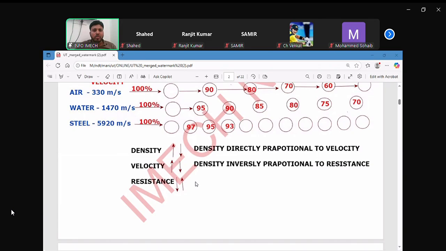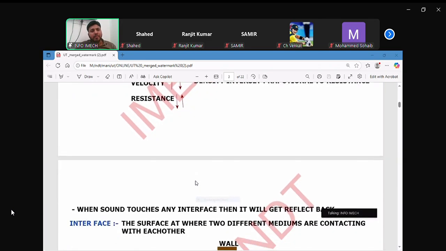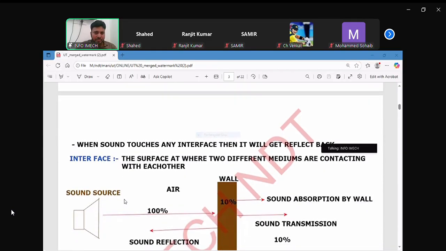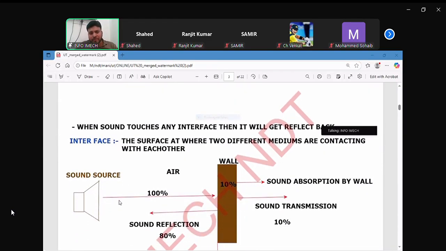Next, when sound touches any different medium, it will reflect back. What is a different medium, sir? Like an interface. What is an interface? The surface where two different mediums contact each other is called an interface. This is the source of sound; you can use any sound source like a speaker.